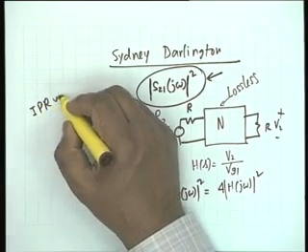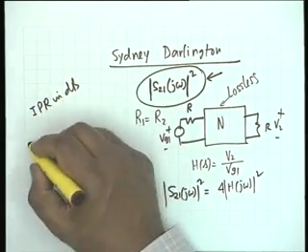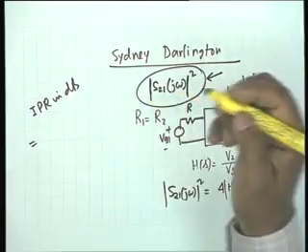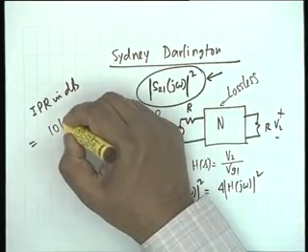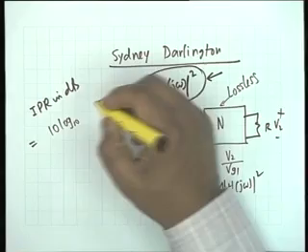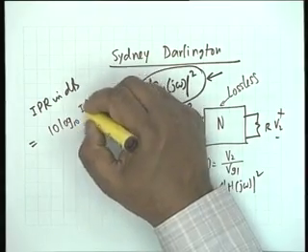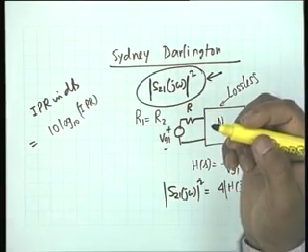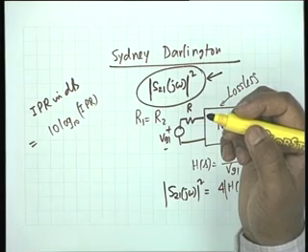Oh, let me also mention that most of the times the insertion power ratio is given in decibels, and therefore IPR in dB would be equal to 10 log 10 of the IPR, that is P20 by P2.